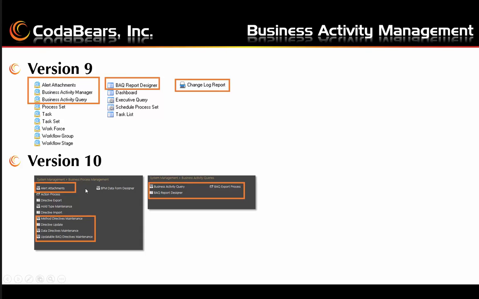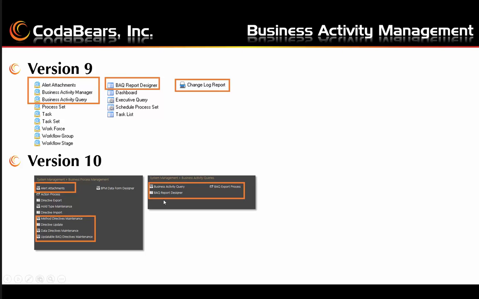The alert attachments, methods, directives, and data directives, which are BPMs, now are used instead of the BAMs, the business activity management in version 9. Instead, we are using the BPMs in version 10. In version 9, we use the business activity management.